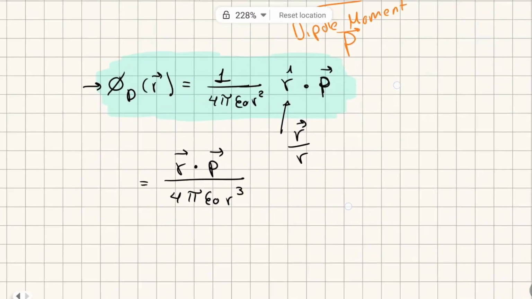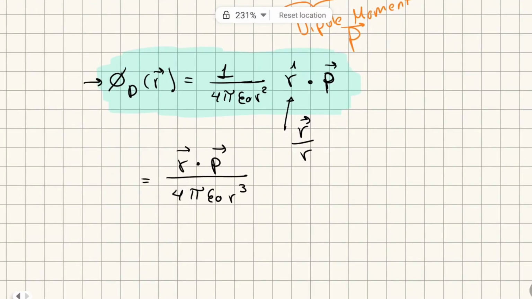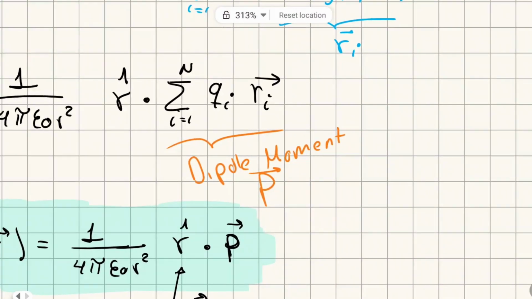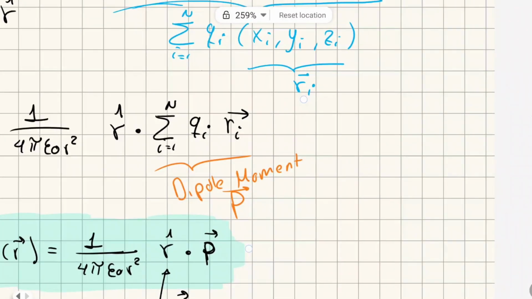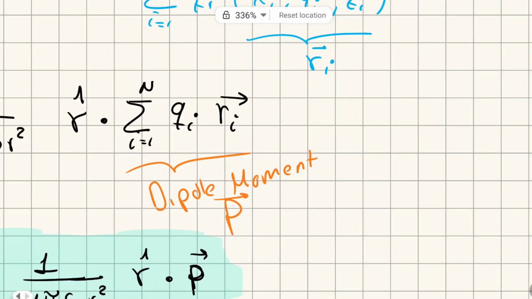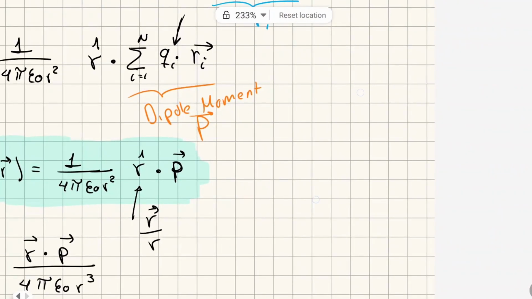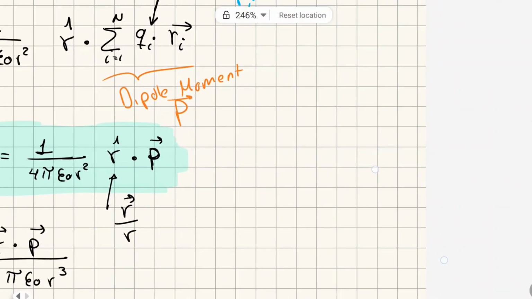And what happens in the case of the dipole moment? We saw that in this case we had a sum from i equals 1 up to n of qi ri. We need to change that sum for an integral, because in this case we do not have discrete charges in space. We have a continuous distribution. So how can we replace that sum? It will be equivalent to the following.